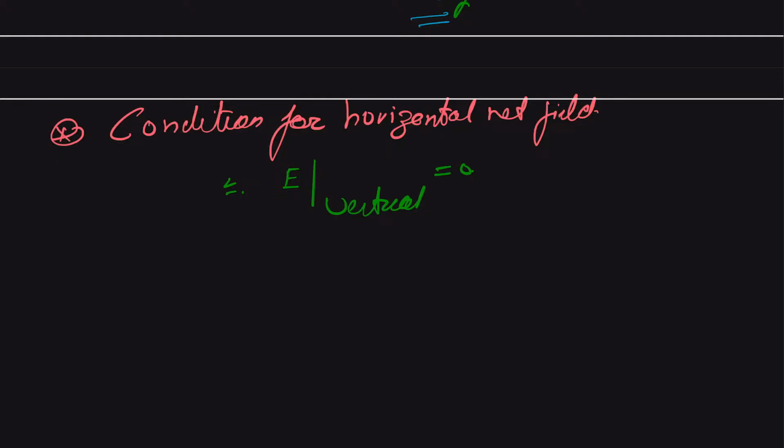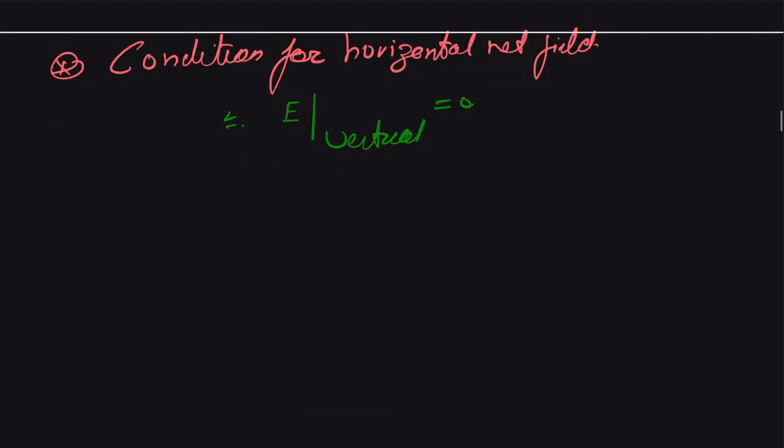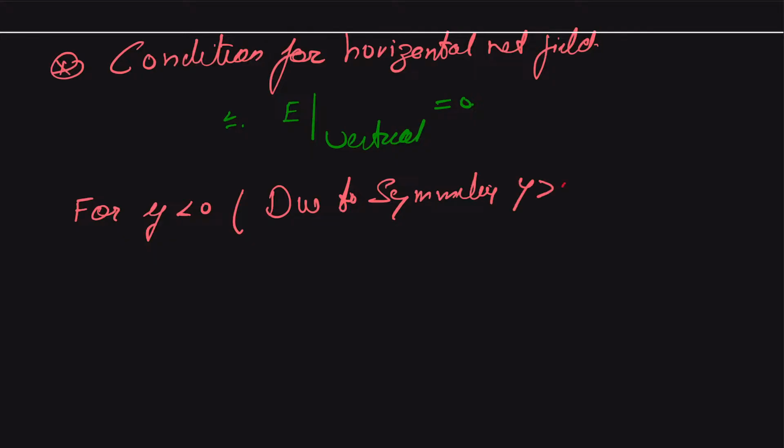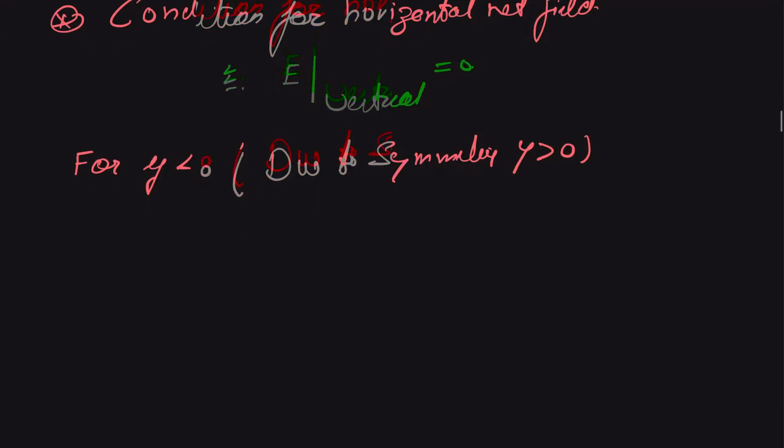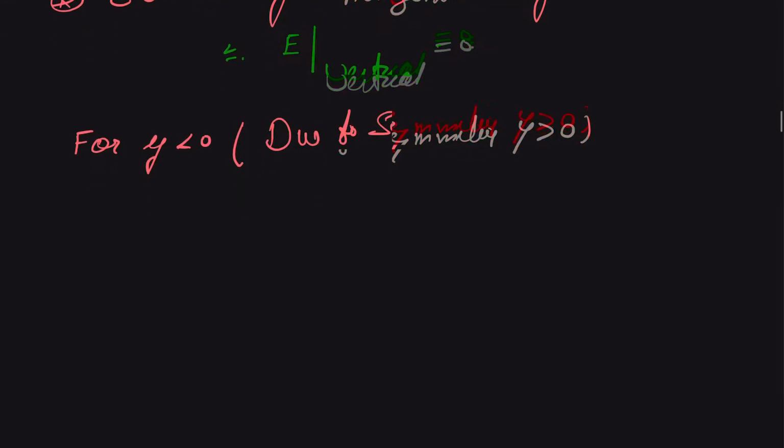Okay. And we consider the formula for y less than 0, and due to symmetry y greater than 0 will be same. Okay. The solution will follow this y less than 0, only the sign will be different.